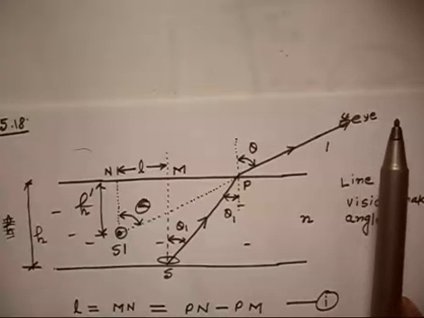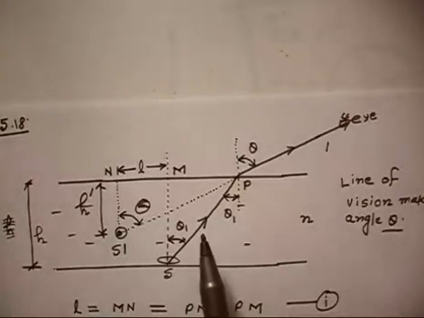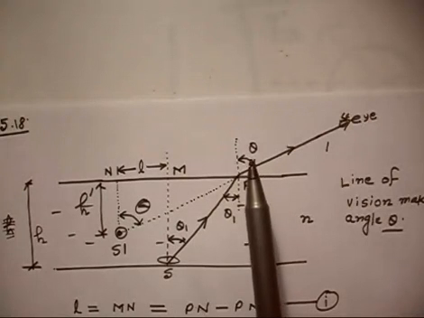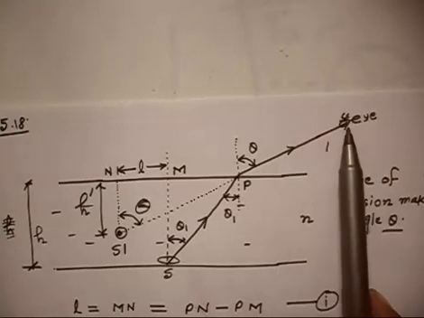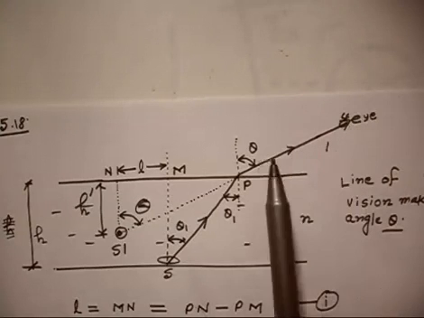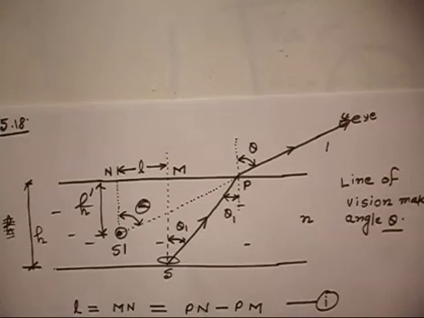This person looks at the stone, and it is given that this person is looking at the stone at an angle of theta. So the angle of vision of this person makes an angle theta with the normal on the surface. This is given in the problem.